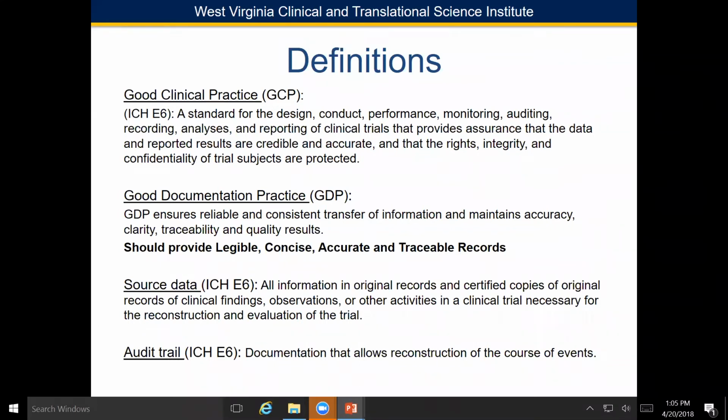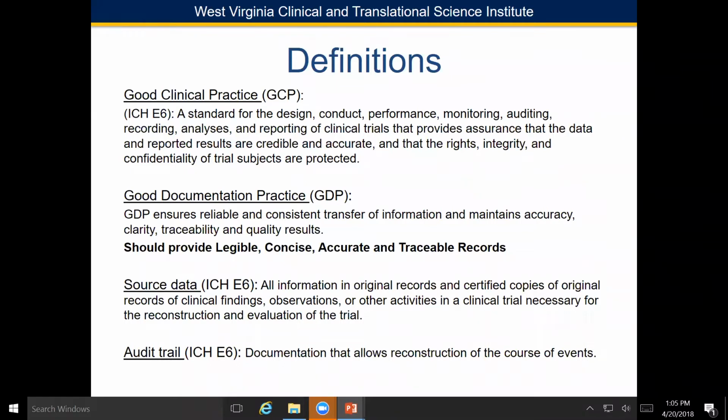It's a standard for the design, conduct, performance, monitoring, auditing, recording, analyses, and reporting of clinical trials that provides assurance that the data and reported results are credible and accurate, and that the rights, integrity, and confidentiality of trial subjects are protected. Now that's quite a mouthful, but today we'll be specifically analyzing and discussing the portion related to reporting of clinical trials.